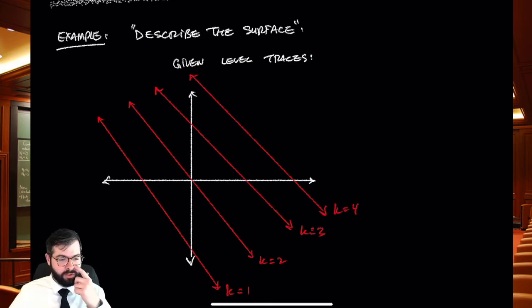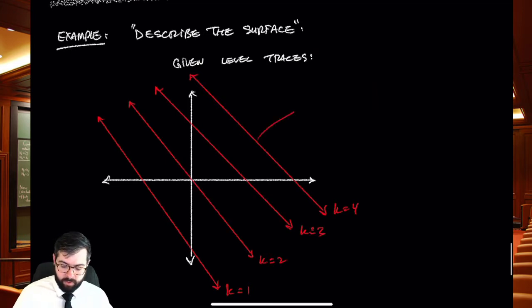What do you think this surface looks like, given that these are the level traces? It looks like just a flat plane that's going up. Yeah, a flat plane, right?